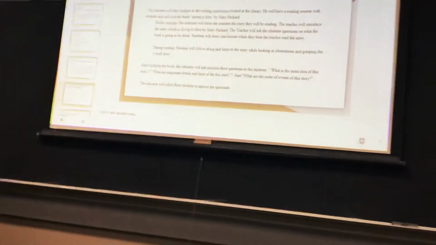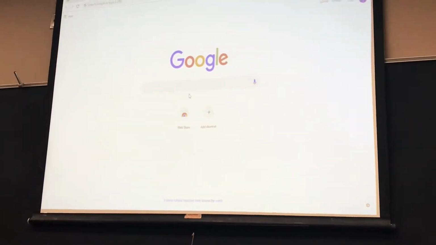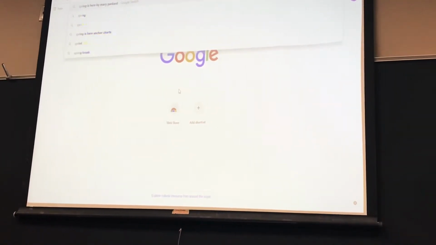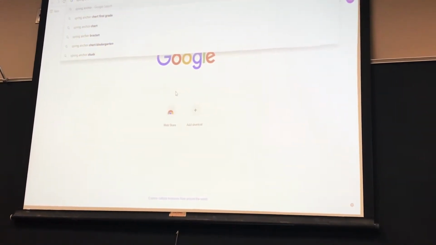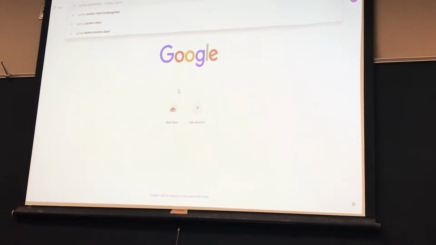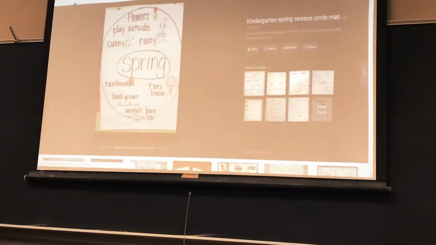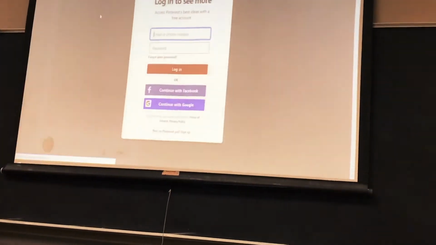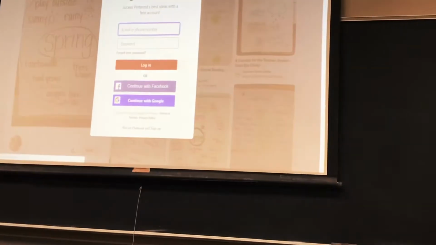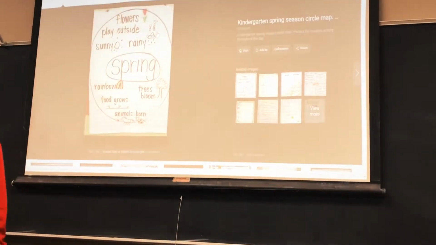Alright, so next I will introduce to you the anchor chart of spring. Basically, it gives you several words that were introduced in this book.